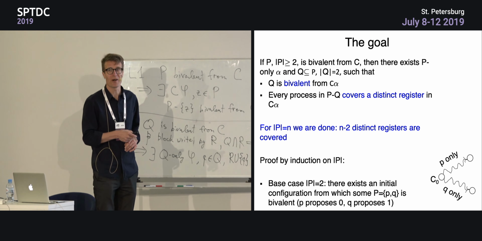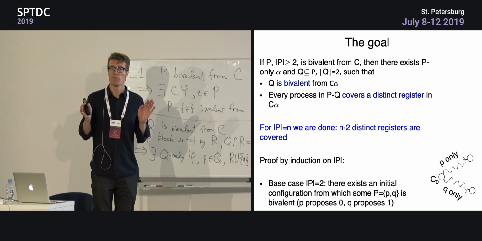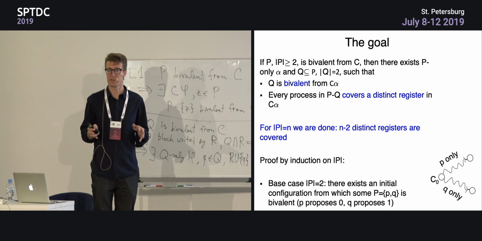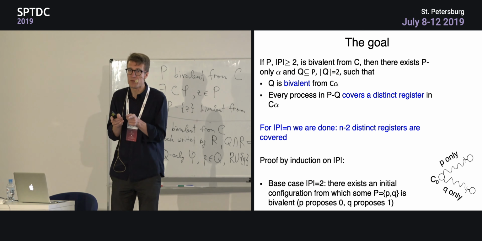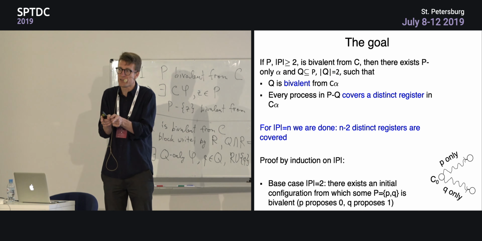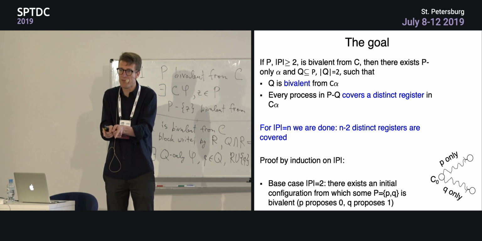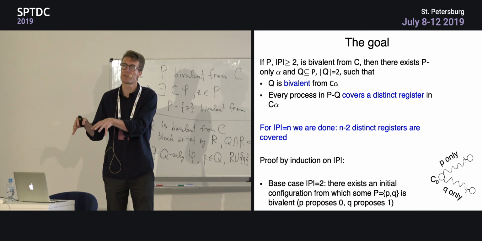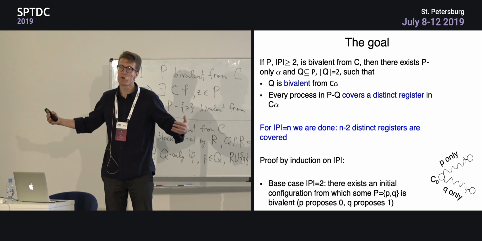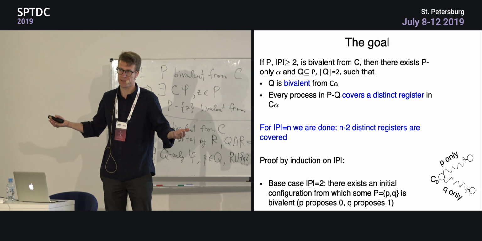We want to show that for any bivalent set of processes from some configuration, I can make it bivalent for just a couple out of them. Just choose two out of them and make it bivalent from some extension of this configuration, and make the rest of the processes poised while covering some distinct memory locations.